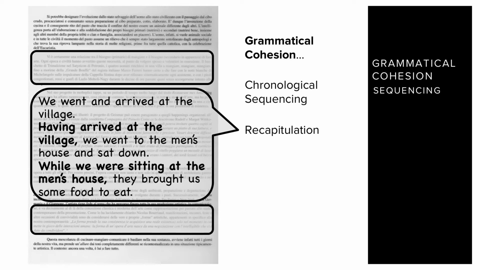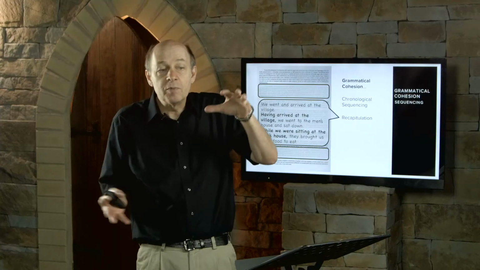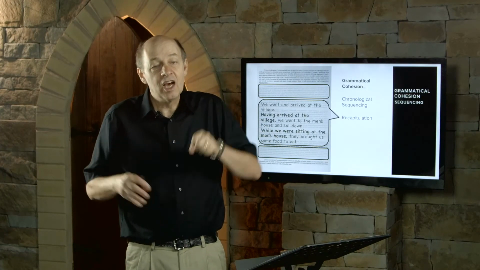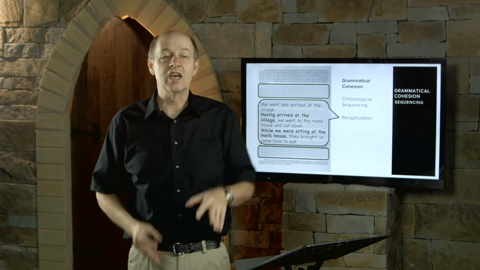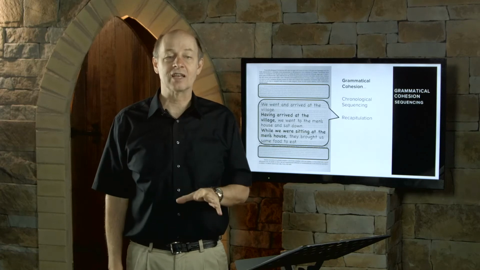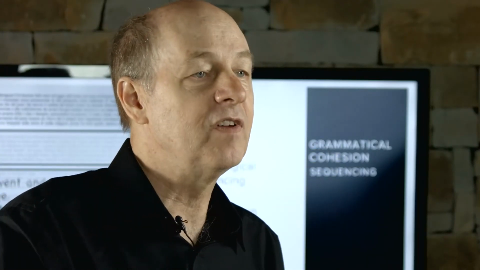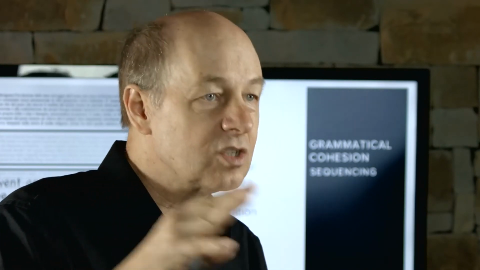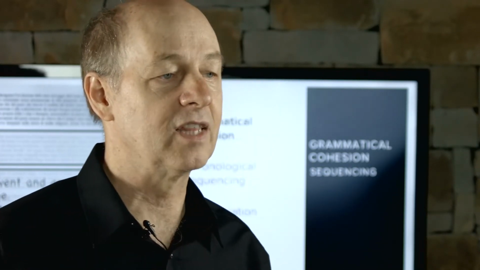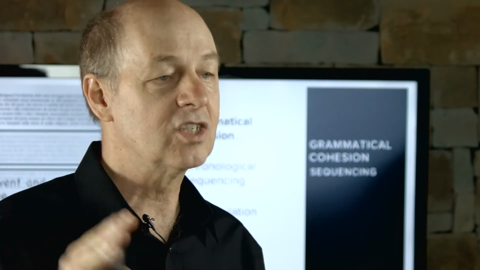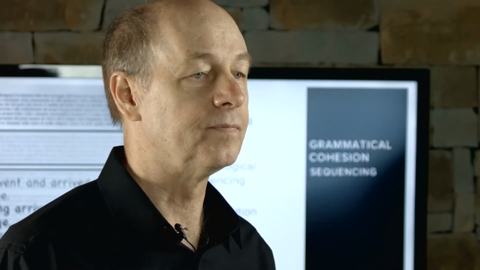While we were sitting at the men's house, they brought us some food to eat. This recapitulation or restatement helps to glue the sentences together within this narrative text to help the hearer follow the series of events better and realize this is one cohesive event that is taking place here. It is a single semantic unit.